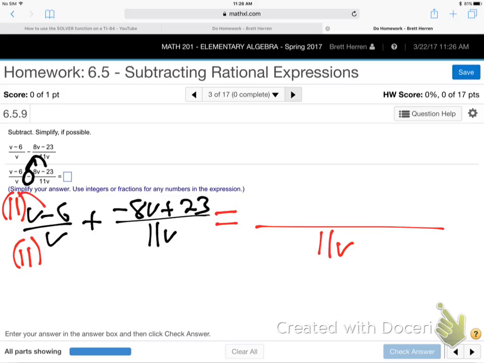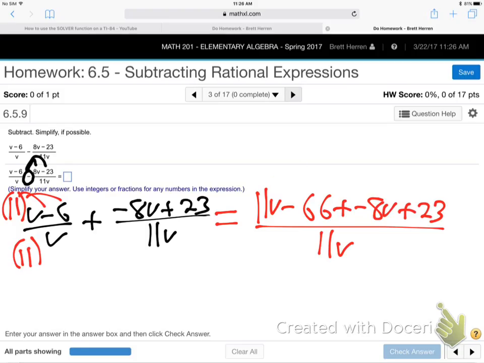All right, and then distribute. 11v minus 66. Good. And then you can write plus minus 8v, or you can just write minus 8v. It's the same thing. Plus a minus is just minus. Good so far?